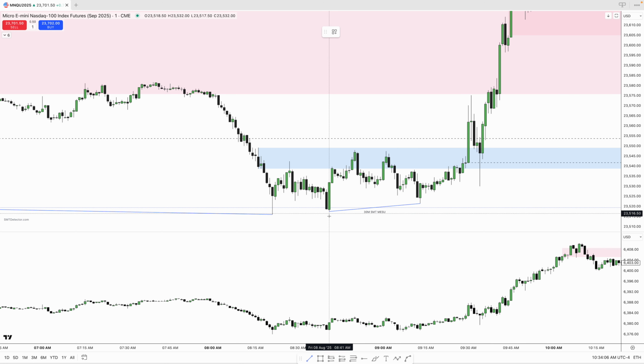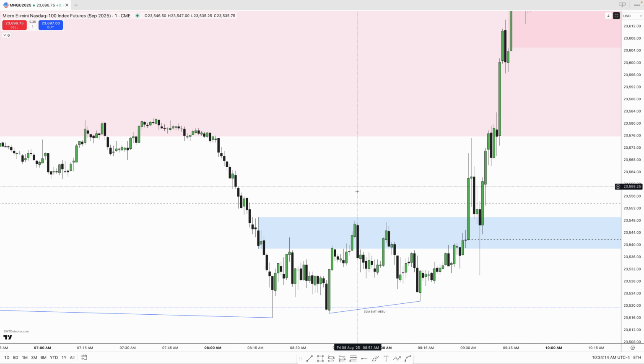You have a lower low here, higher low here, and we've got above it, so that could be a possible mitigation, but it's on the right side of the curve. Still holds.